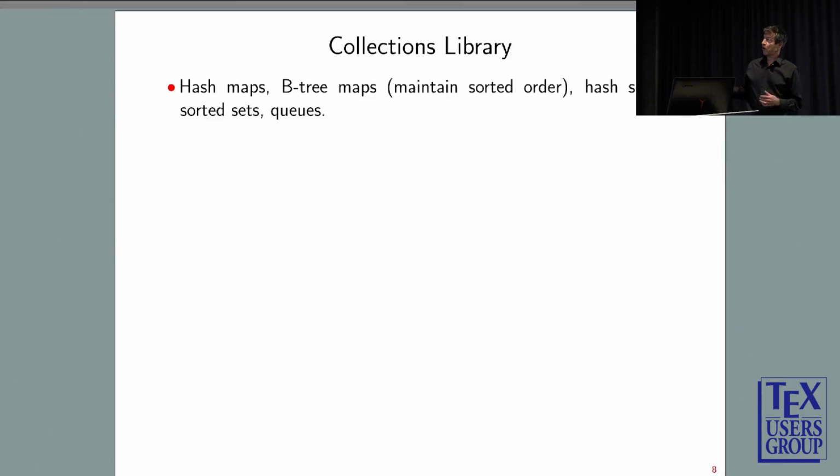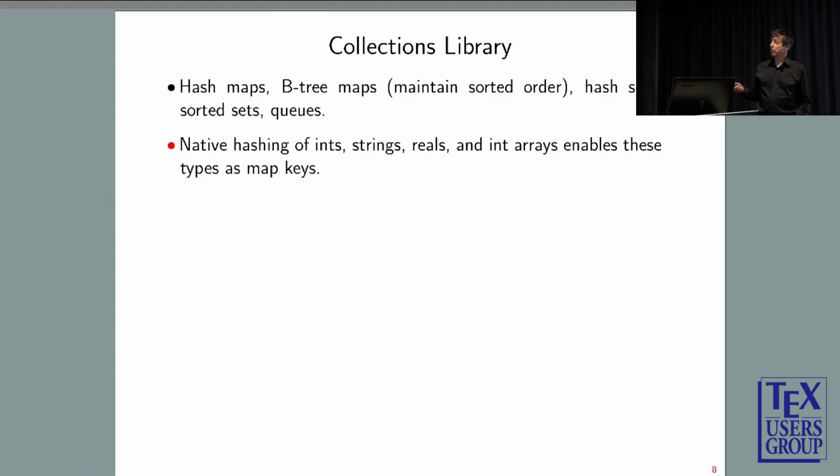And then Charles went on to develop all kinds of containers to help us out with some functionality that we were missing, or that was very awkward to do before. This is a very thorough package set up for doing hash maps and hash sets, sorted sets, queues, and also native hashing of ints, strings, reals, and int arrays.